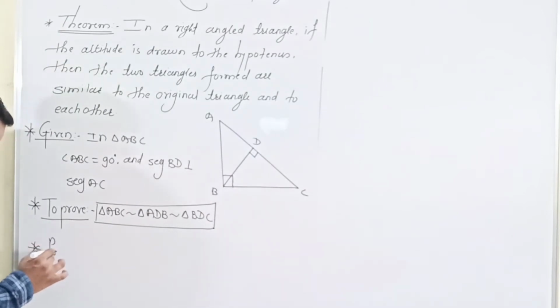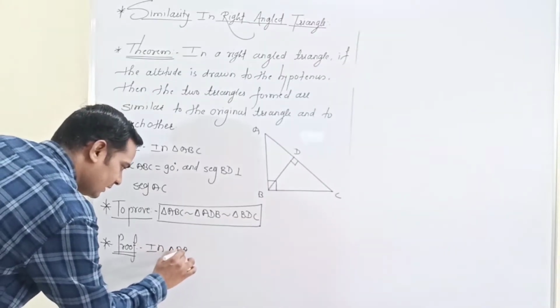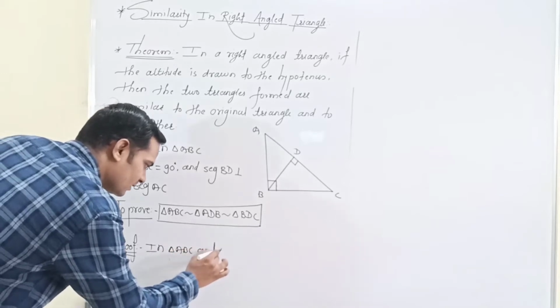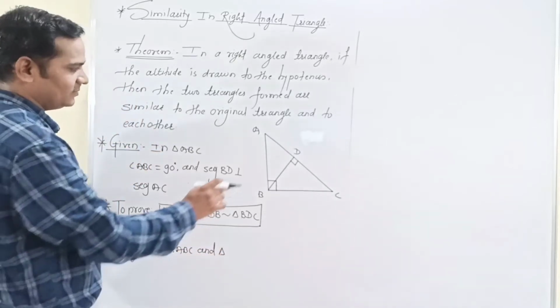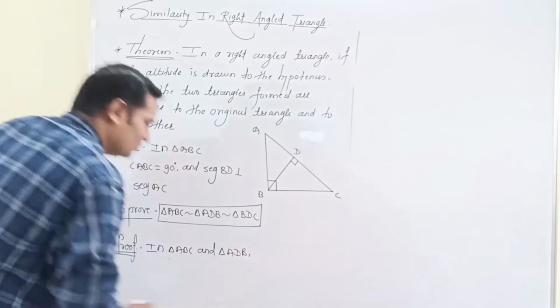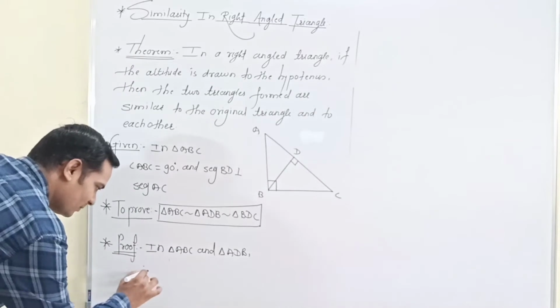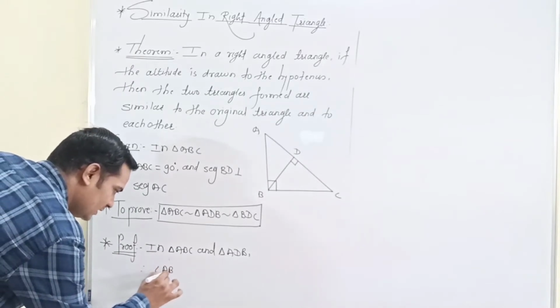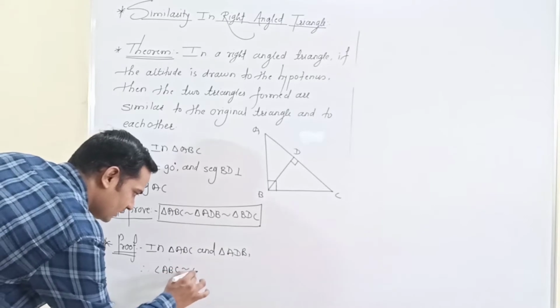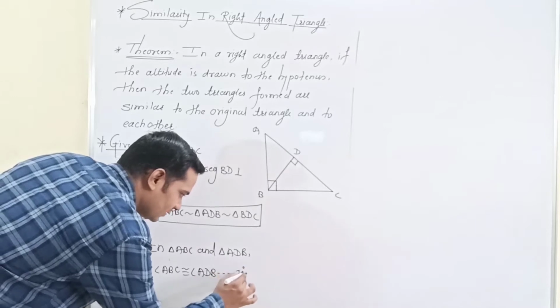So in a proof, we will take a pair of triangles. So first pair is triangle ABC and triangle ADB. So let's prove that these two triangles are similar. Therefore angle ABC is congruent to angle ADB, and both are 90 degrees.